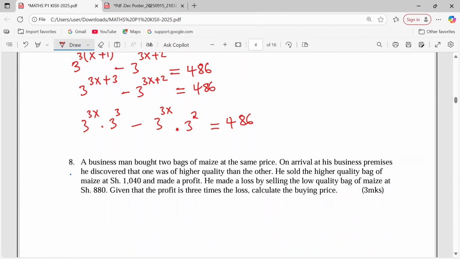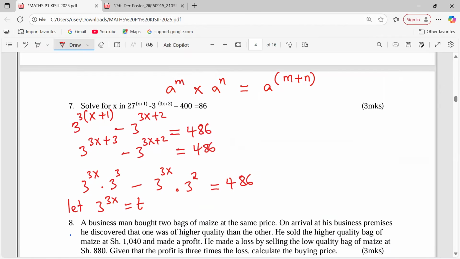Remember, 3 power 3x is appearing twice. So we can let this unknown, 3 power 3x, be a different unknown, say t. Yeah, choose even t.